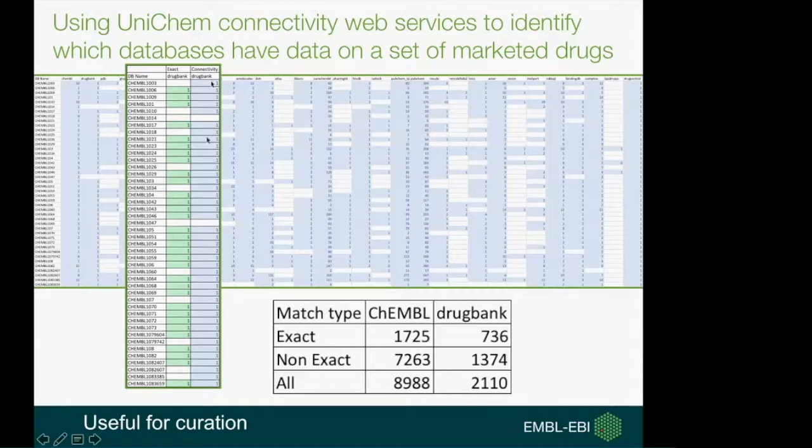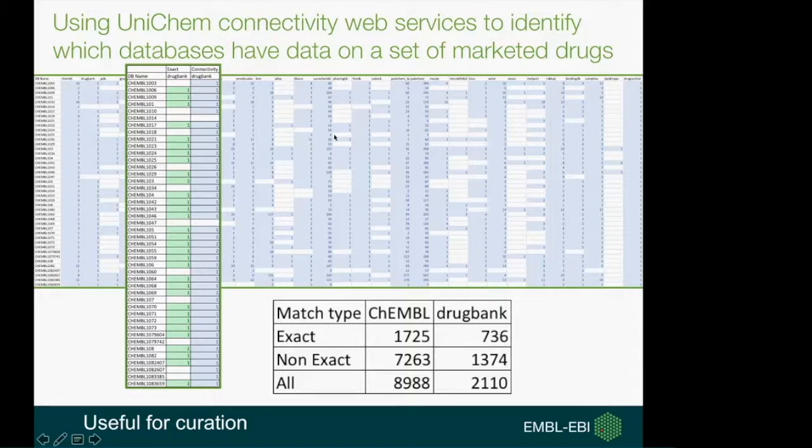And hopefully what you can see is that by doing the connectivity matching, you're getting a lot more matches than you would have done if you'd just done the exact match. So probably both these two databases have these molecules in them, as you would expect, because they're marketed drugs, but in some way we've represented these structures slightly differently.